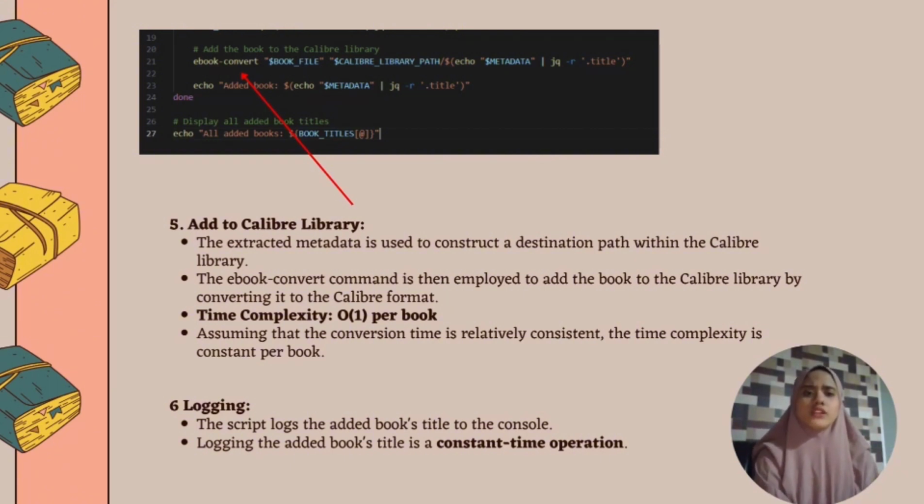The ebook-convert command is then employed to add the book to the Calibre library by converting it to the Calibre format. Time complexity is O(1) per book, assuming that the conversion time is relatively consistent. The time complexity is constant per book. Sixth is logging. The script logs the added book title to the console. Logging the added book's title is a constant time operation.